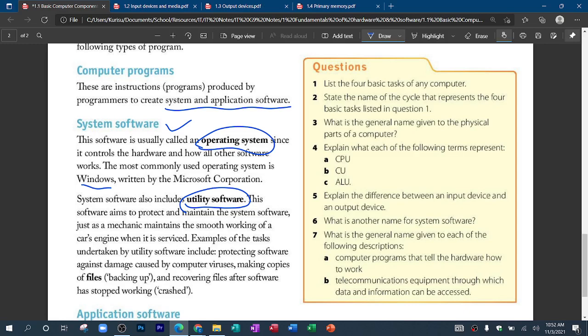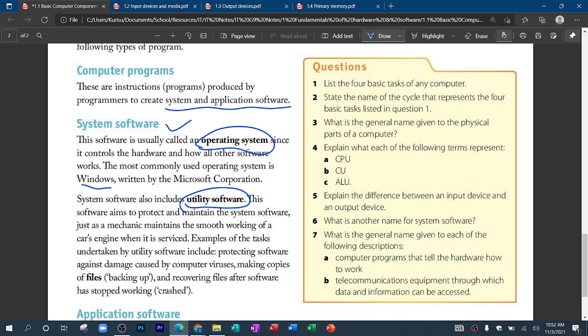So when it comes to the system software, the most important, not the most important, but the most dominant type of software is the operating system. That is why when persons talk about the system software, they're mostly referring to the operating system, and not so much the utility, because the utility is mostly helping the operating system.